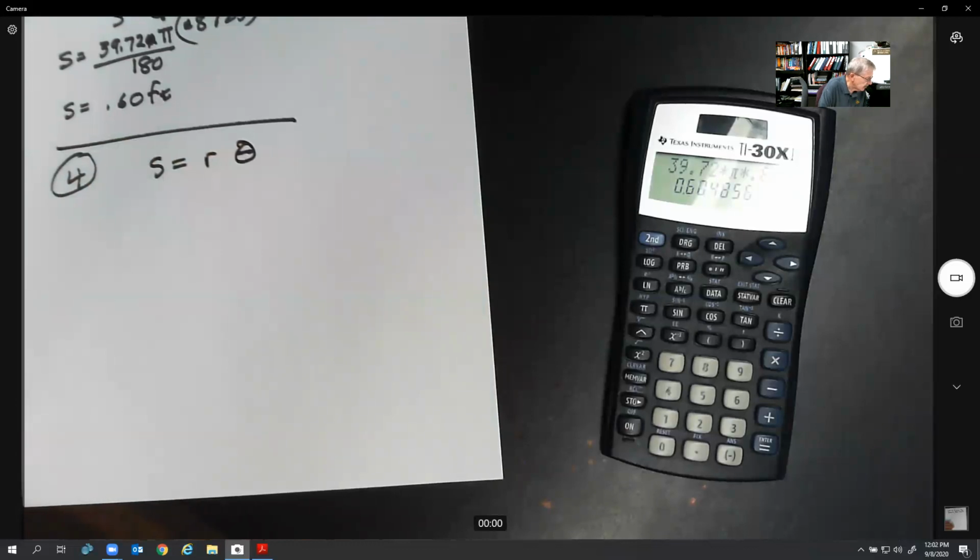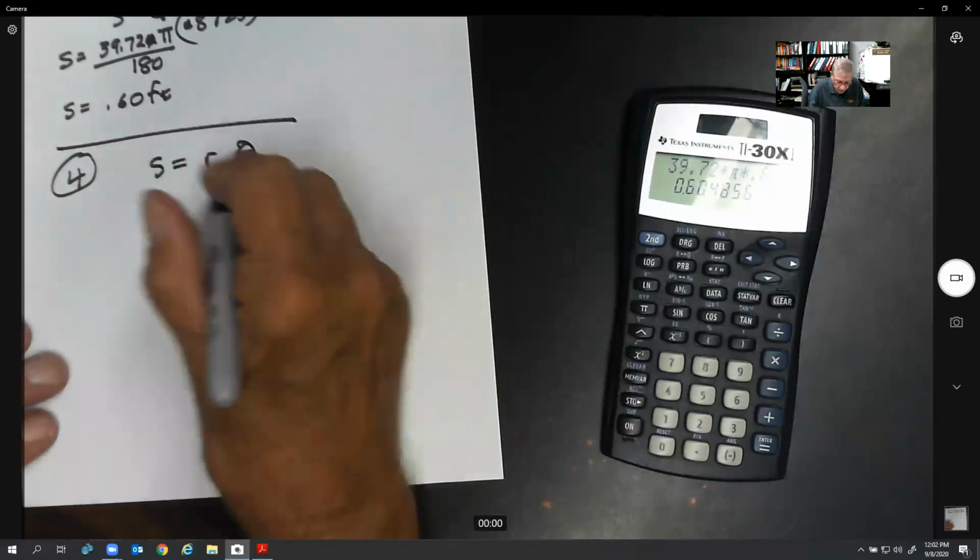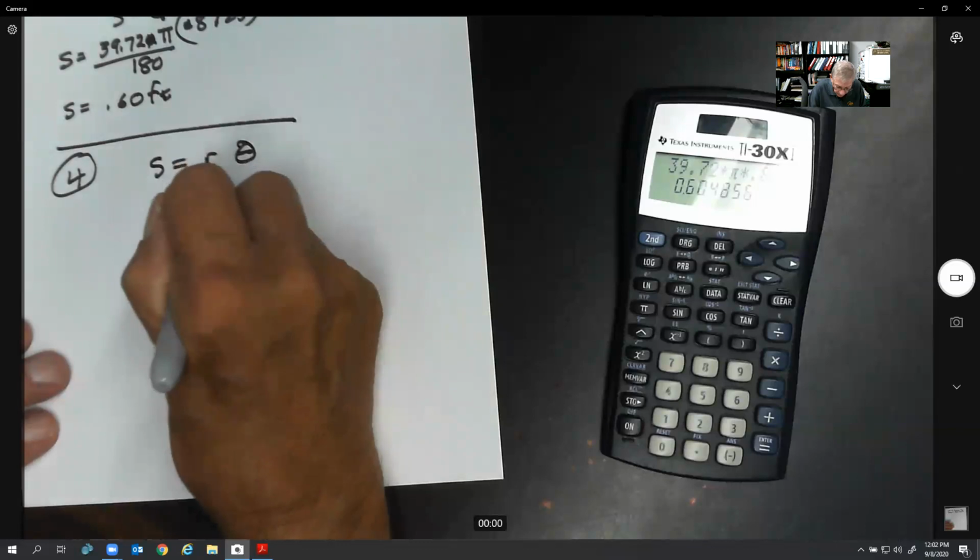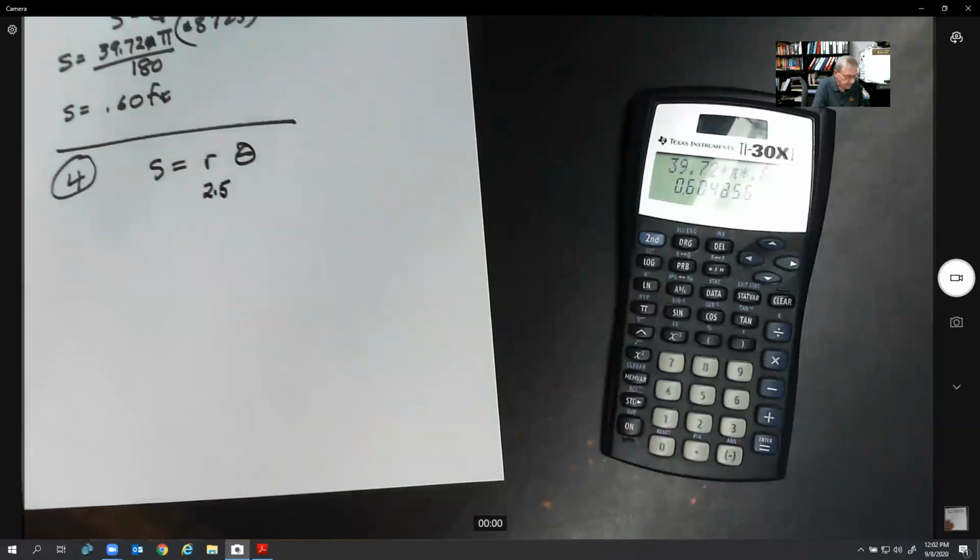S is okay. Let's see what R is. R is the radius of the small little circle, which is 2.5. Theta is going to go through 225 degrees.